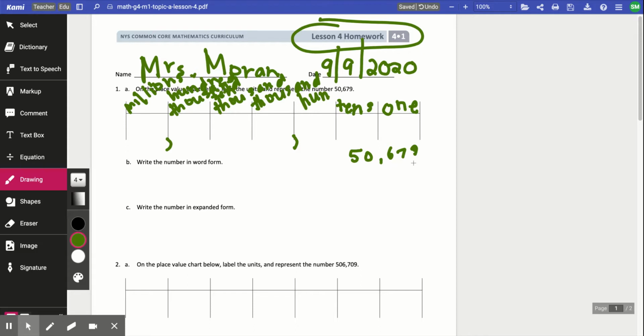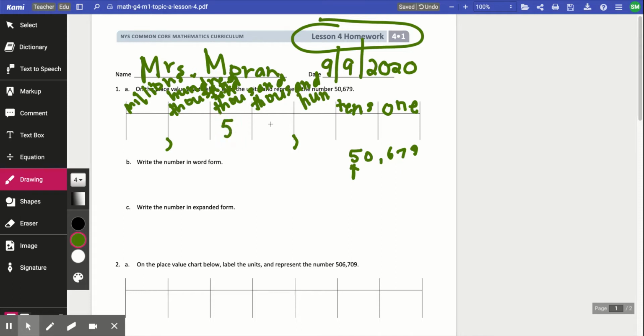And the number is 50,679. Now you have a couple different ways of doing this. You could go backward, place the 9 in the ones, the 7 in the tens, 6 in the hundreds, 0 in the thousands, and 5. Or you could just know that that is 50,000, which 50 would be 5 10,000s.